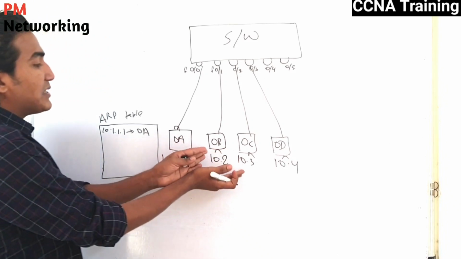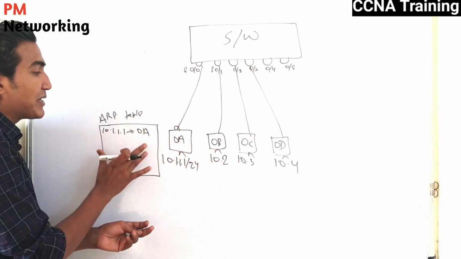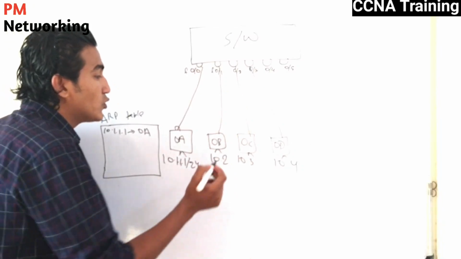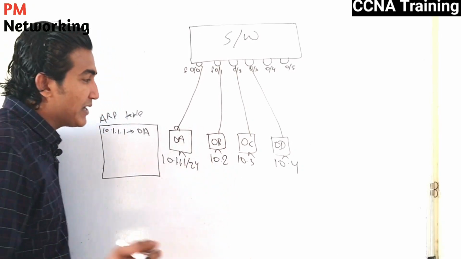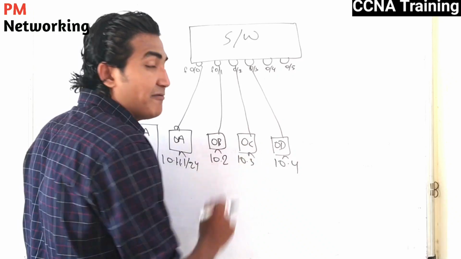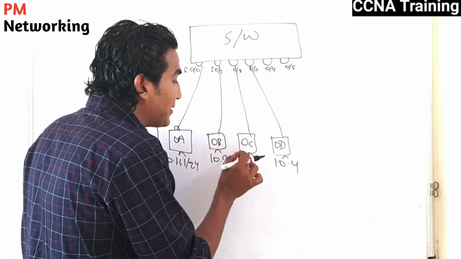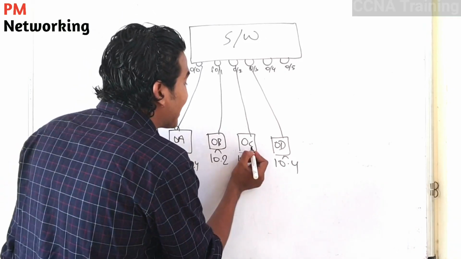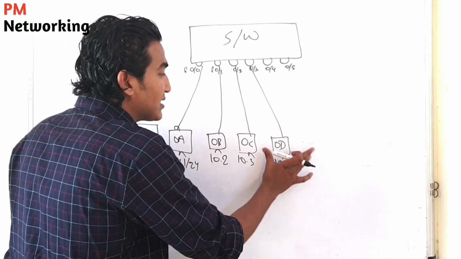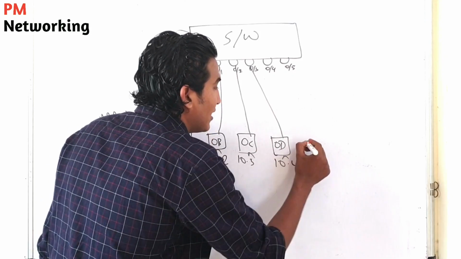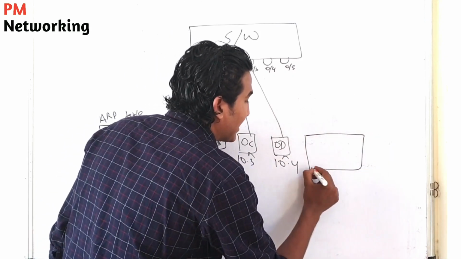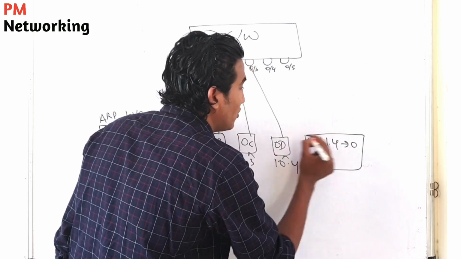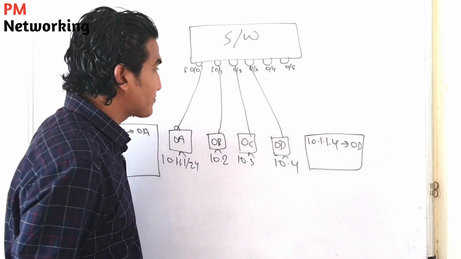In the same way, PC2 also has its ARP table and makes an entry that 10.1.1.2 has MAC address 0B. In the same way, PC3 will make an entry in its ARP table that IP address 10.1.1.3 has MAC address 0C. And in the same way, this PC will make an entry like this. IP address 10.1.1.4 has MAC address 0D, right?